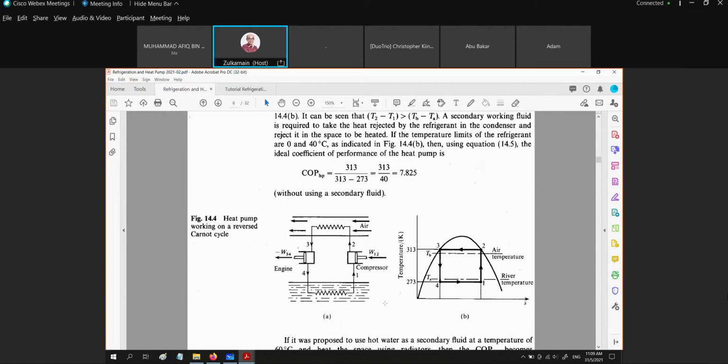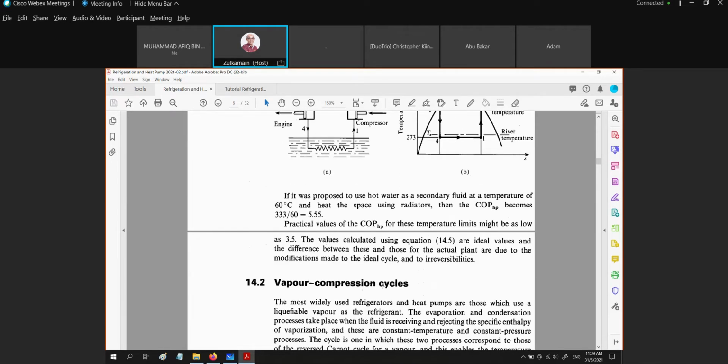If you want to cool down the river water, then the temperature of the refrigerant must be less than the temperature of the river water. Only then can we absorb the heat from the river water.